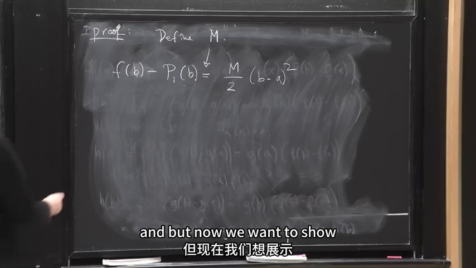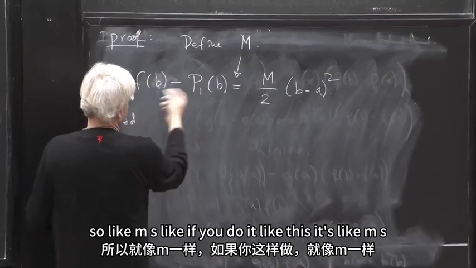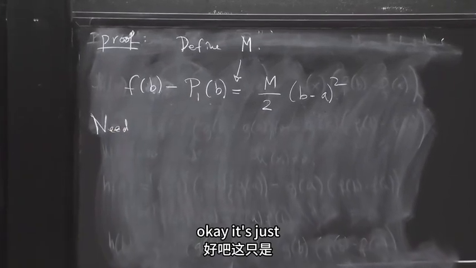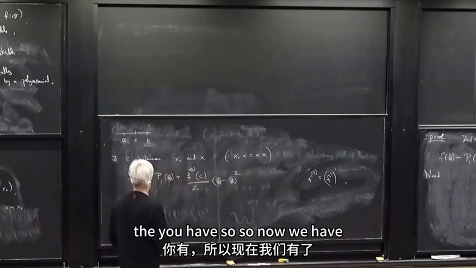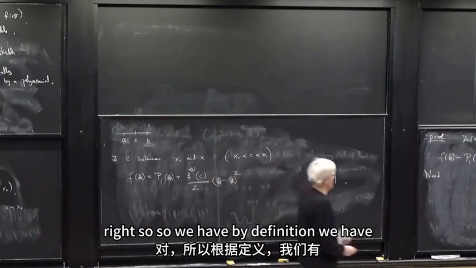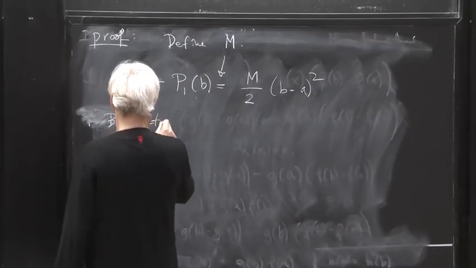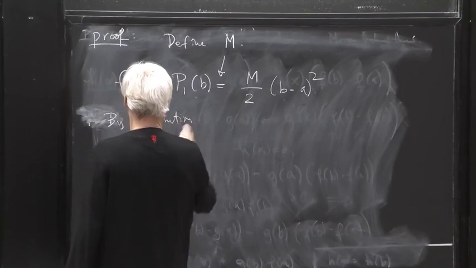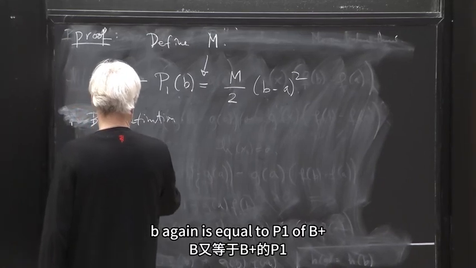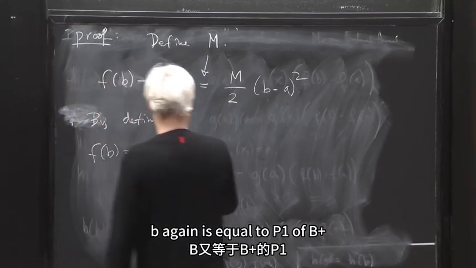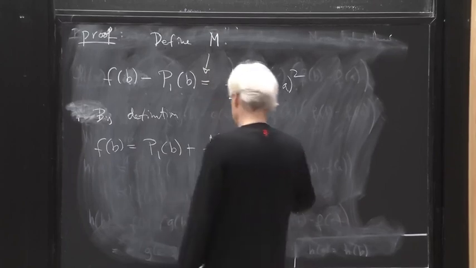But now we want to show, by definition, we have that f of b is equal to p1 of b plus M over 2 times b minus a squared.